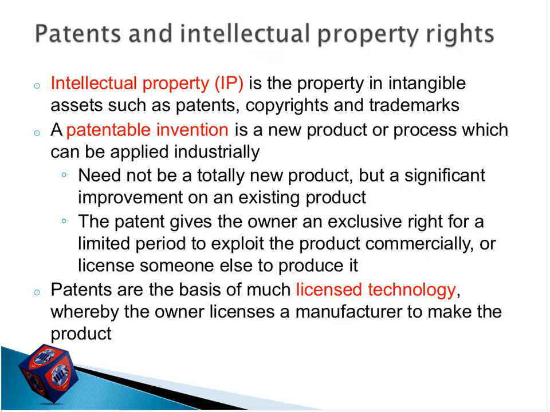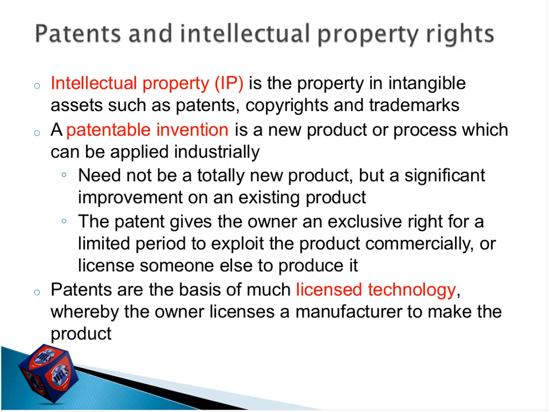Then we have the patents and intellectual property rights. The intellectual property is the property in intangible assets such as patents, copyrights, and trademarks. So intangible assets such as software and books and writings and whatever, for this we have the intellectual patents, because they're intangible, not tangible.